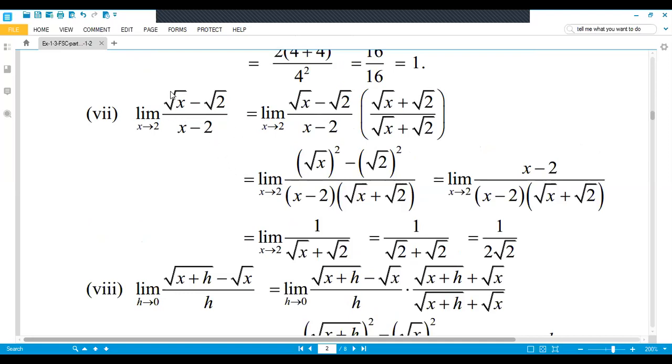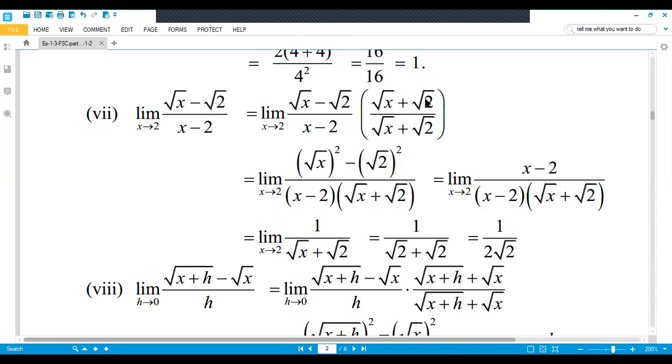For rationalization, this numerator which has this under root value, you multiply and divide with the conjugate of this number. Under root x minus under root 2, its conjugate will be under root x plus under root 2. So this conjugate you multiply with the numerator and with the denominator. This is called rationalization. You already did it in junior classes, in class 9, 10th, first year.